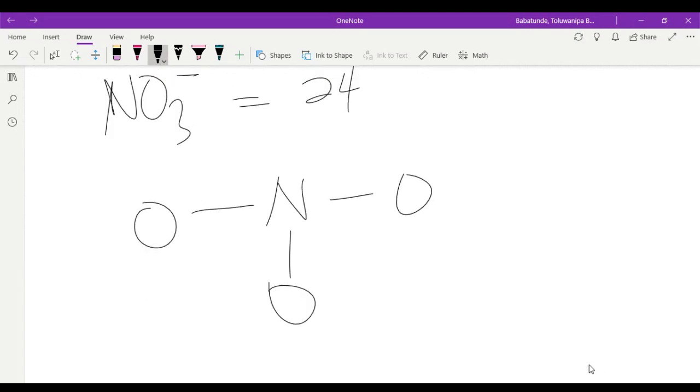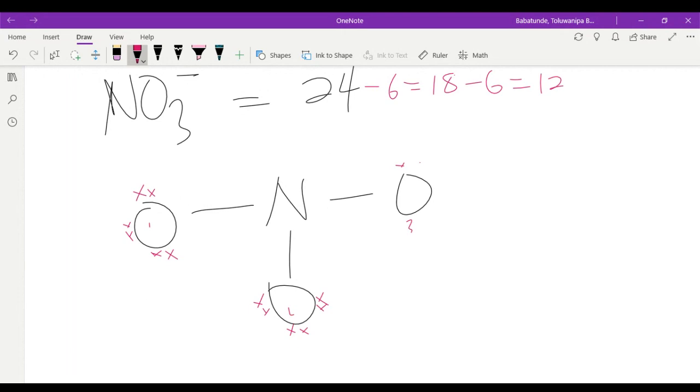As usual, oxygen here needs 6 more electrons to be happy, that is to become an octet. So we subtract that 6 from here, it becomes 18. Then this also needs 6 more to be happy, we subtract that, it's going to be 12. This also needs, the oxygen atom 1, 2, 3.